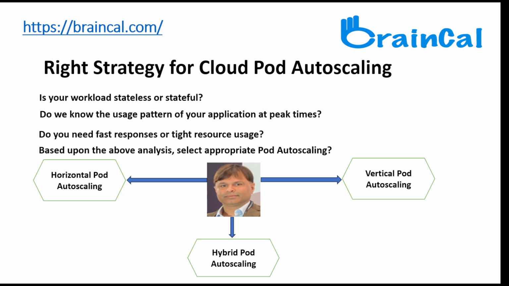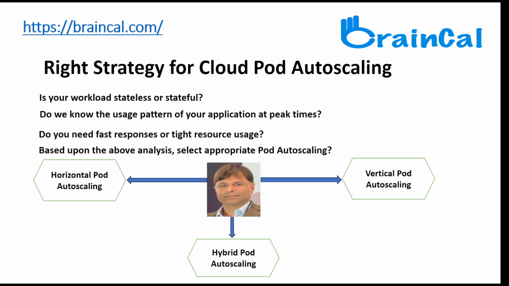Do we know the use patterns of the applications and their peak times? Do we need fast response or tight resource usage? Based upon the above analysis, we need to think properly and select the appropriate autoscaling on cloud.